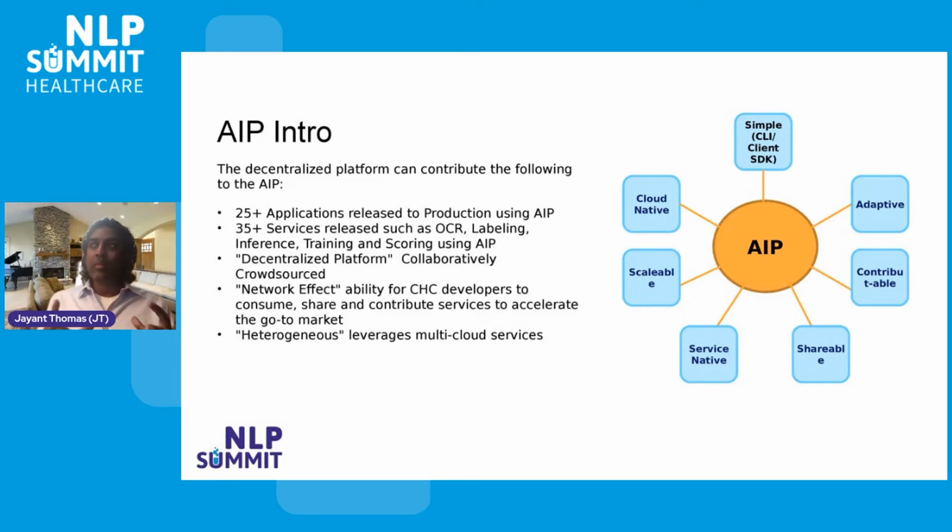We take the best of breed and build out the service on top of it. And the other few capabilities I can mention: once you build a service, we have some key tenets. It has to be scalable. Obviously, it's a cloud native service, so you can easily scale it, and you should be able to share the service.